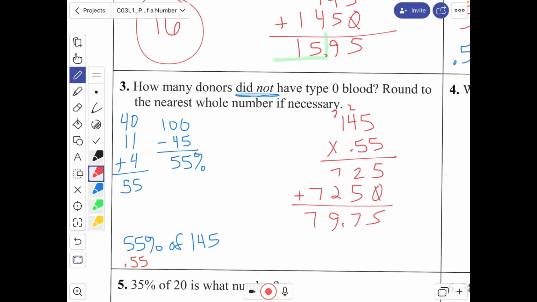You should have gotten 79.75. And again, we're dealing with humans, so we want to round that to the nearest whole number. So that's going to round to 80. 80 donors.